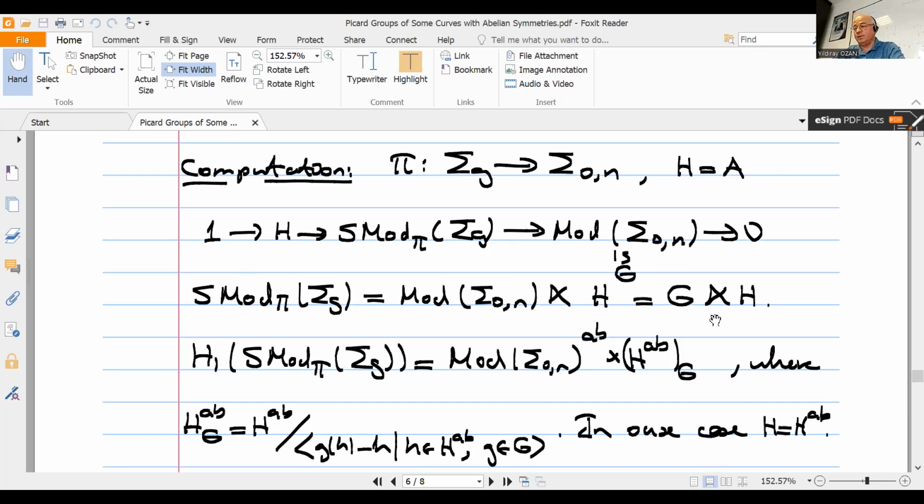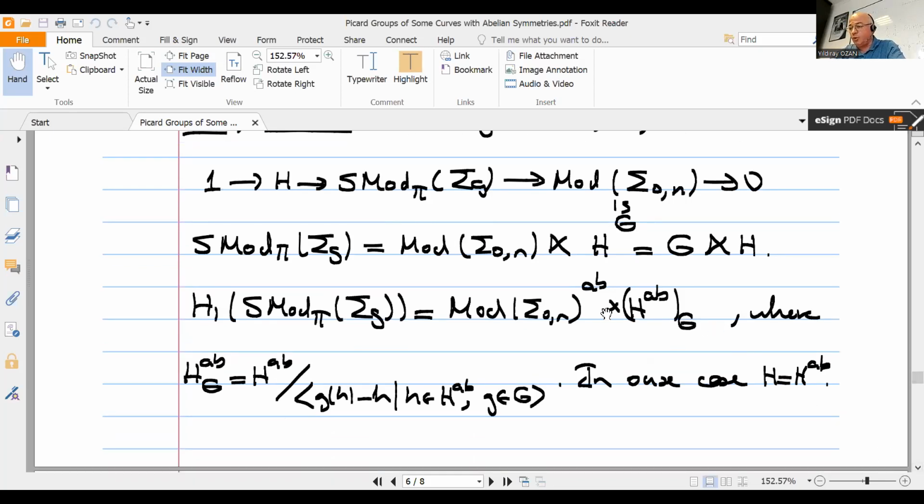It's standard group theory that if you have a semi-direct product like this, its abelianization is just the abelianization of the first one and then the abelianization of the second one. You have a direct product here, but you have this subscript G, meaning that you look at the abelianization, but you divide it by the following subgroup.